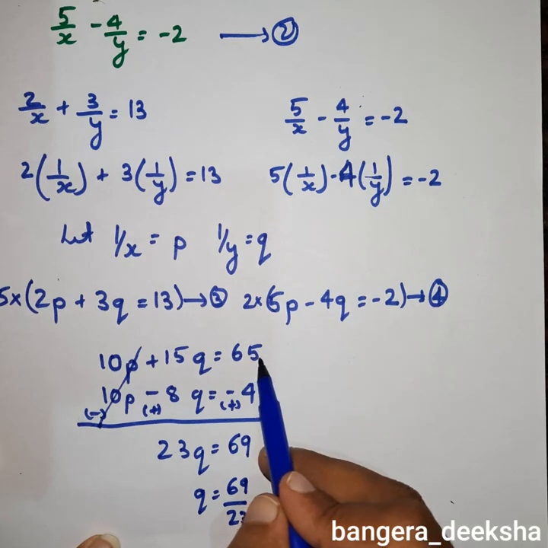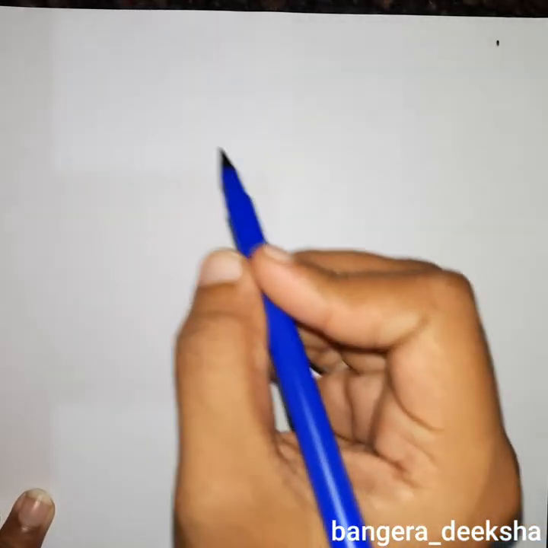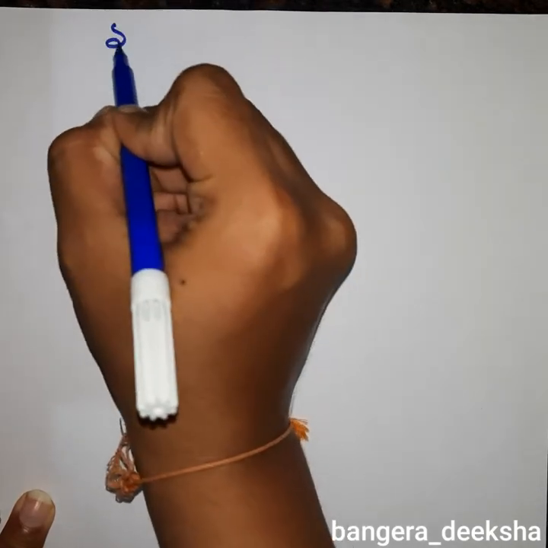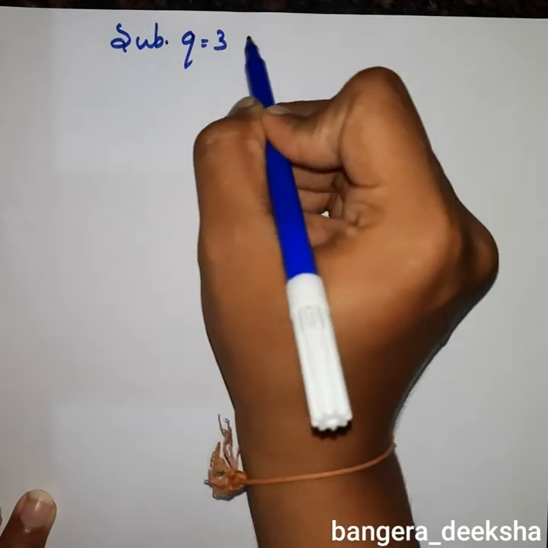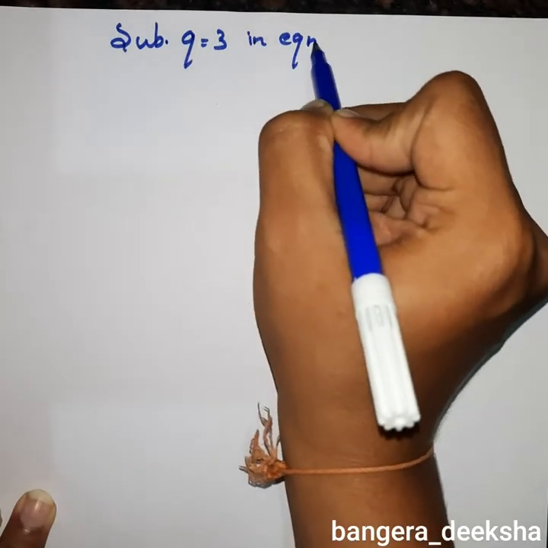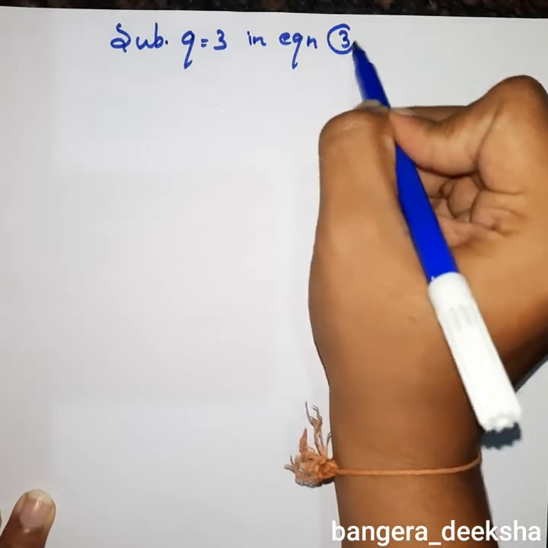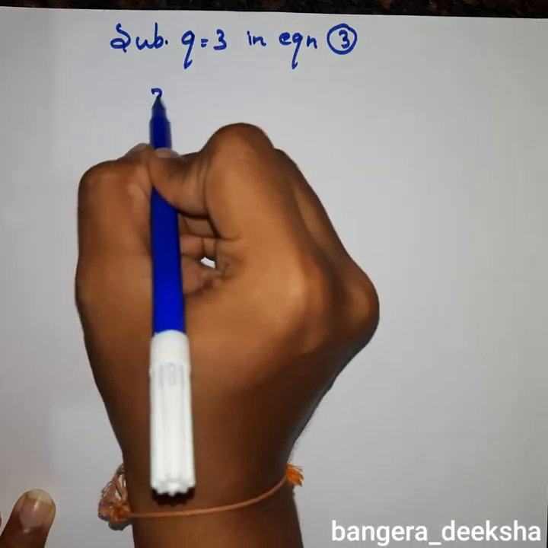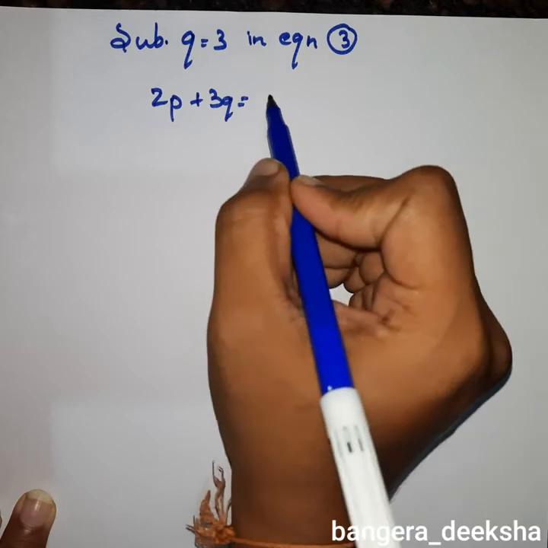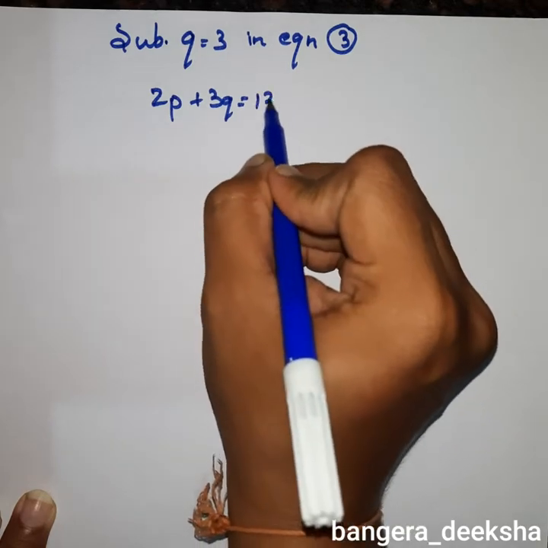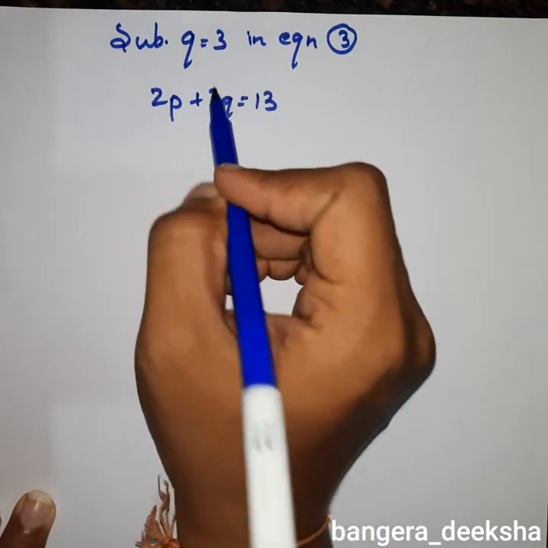I'll substitute it in any one of the equations. Now I'll substitute the value of Q, that is 3, in equation 3. Equation 3 was 2P + 3Q = 13. So in this equation, I'll be substituting Q = 3.